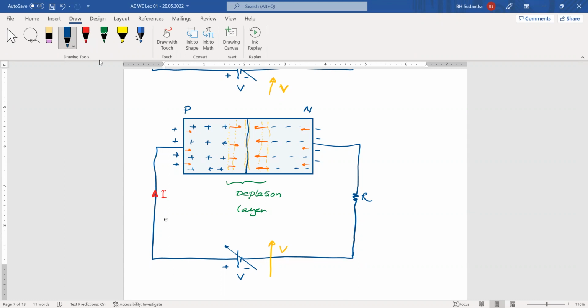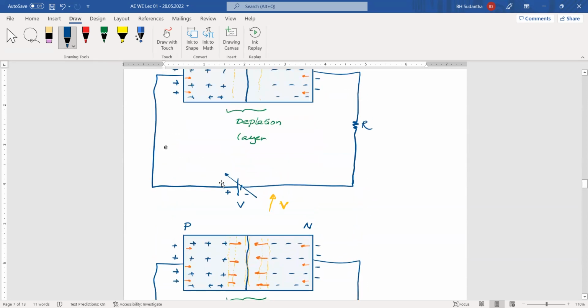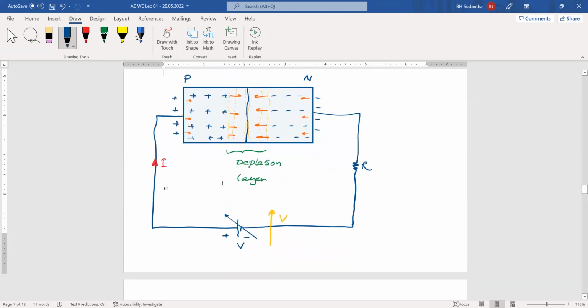Then when we increase the voltage to a certain level, the depletion layer will be broken, and after that the majority carriers can go to the other side. As a result, in the external part, we can see the current is going. Okay, then we say this mode is forward bias mode. And in simple words, when we forward bias the PN junction, we can see the current is there. Current can go through the device.